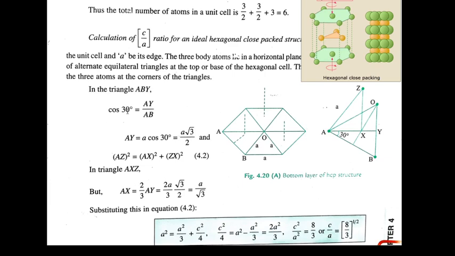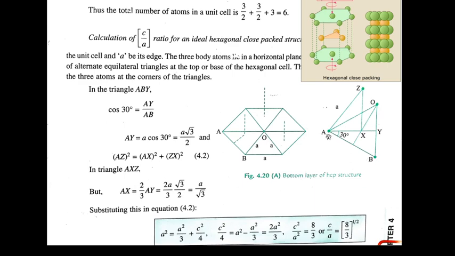Okay, so the cos 30, so this is a triangle over here, and if I know that this is A, Y, this is A, this is O at your center, so this is AOB, so the same triangle AOB is here.